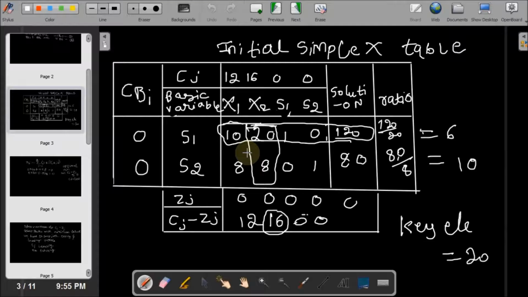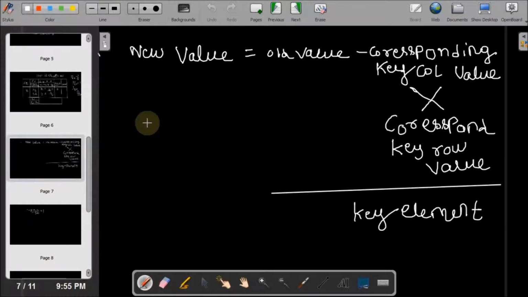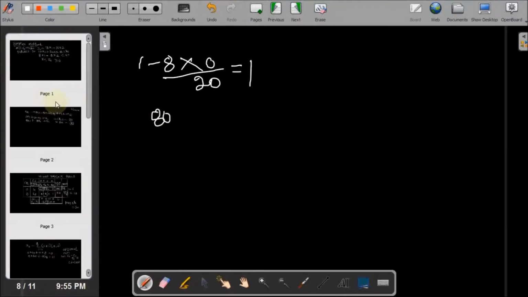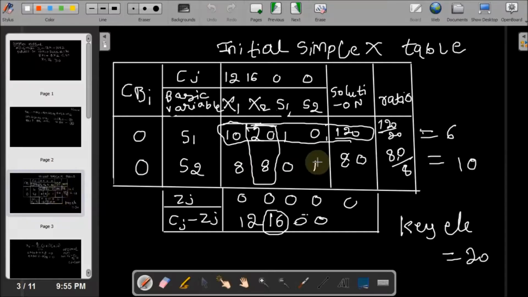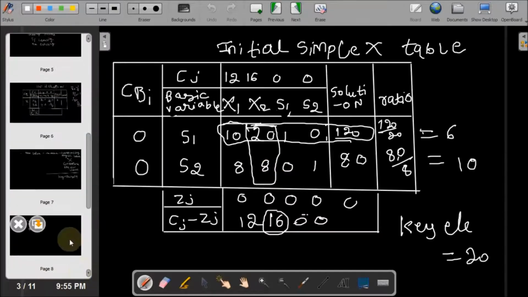Same formula I have to apply. 80 minus, this is the old value, you know that. Old value is 80. Now minus the corresponding key element 8, it remains the same.